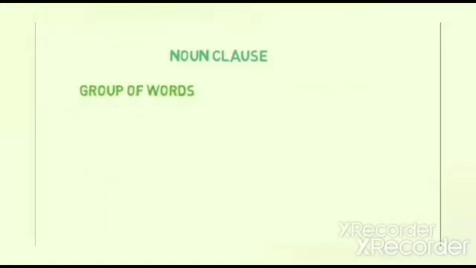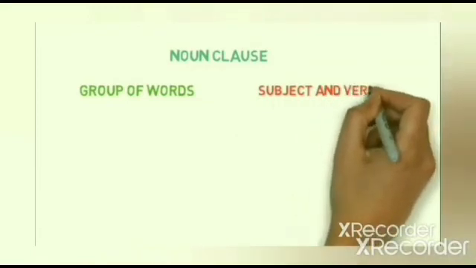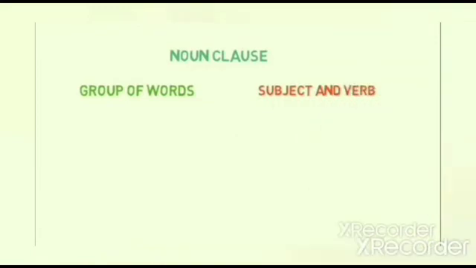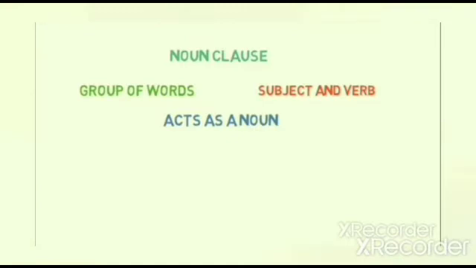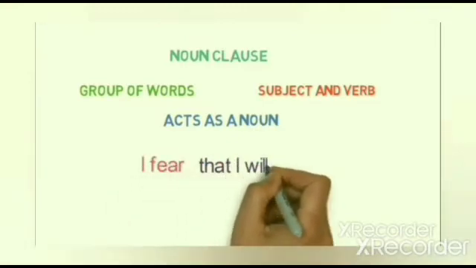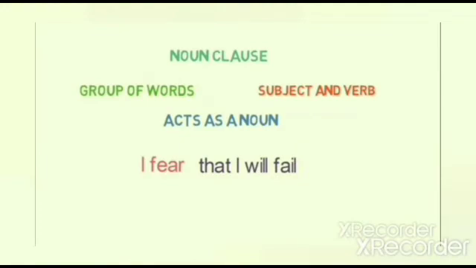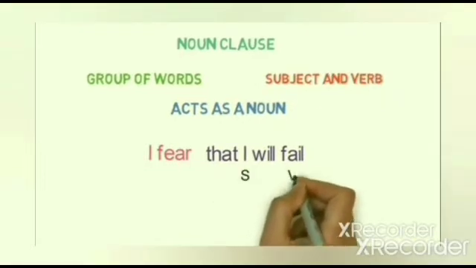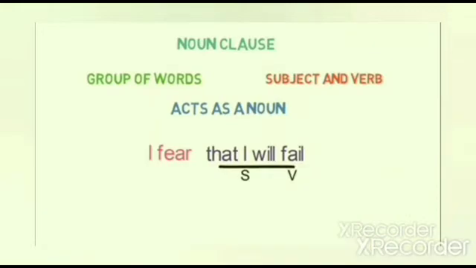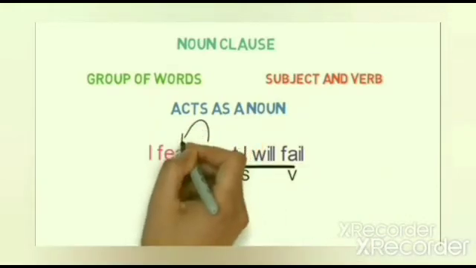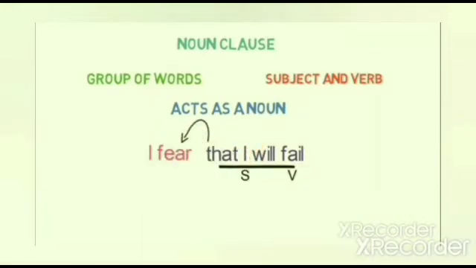A noun clause is a group of words having a subject and verb of its own, and it acts as a noun in the sentence. For example, I fear that I will fail. Here, that I will fail is a clause as it is a group of words having a subject and verb, and the whole clause is acting as an object of the verb fear. So, it is a noun clause.